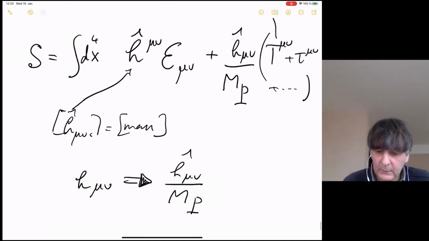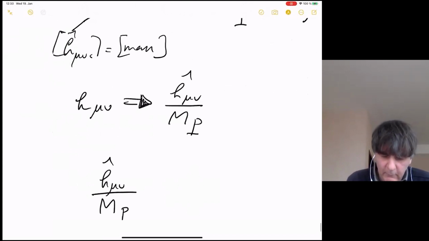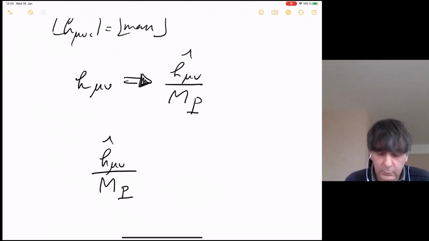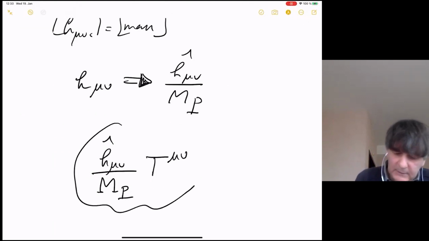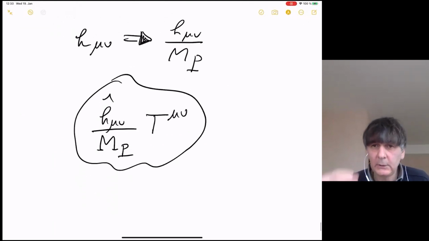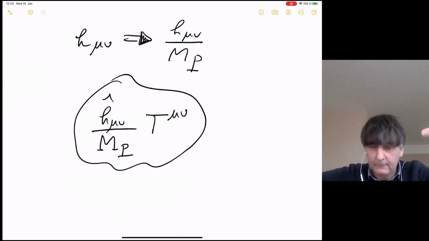Already from the fact that the canonically normalized graviton field, or graviton quantum, interacts with a source with suppression of 1 over m Planck, this is the key property of how to build a fully nonlinear gravity.